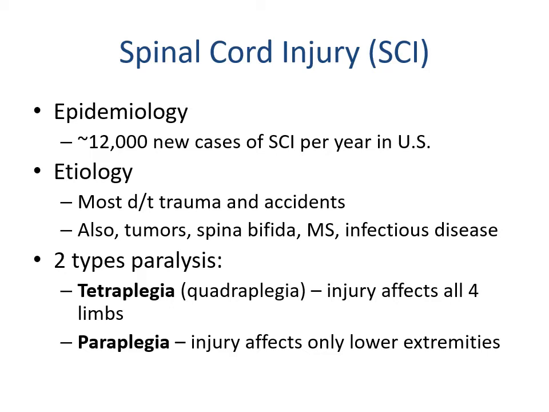Most is due to trauma and accidents, with a small percentage being from tumors, spina bifida, multiple sclerosis, or infectious disease causing damage to the spinal cord. There are two types: tetraplegia, what used to be referred to as quadriplegia, affecting all four limbs, and paraplegia, affecting only the lower extremities.